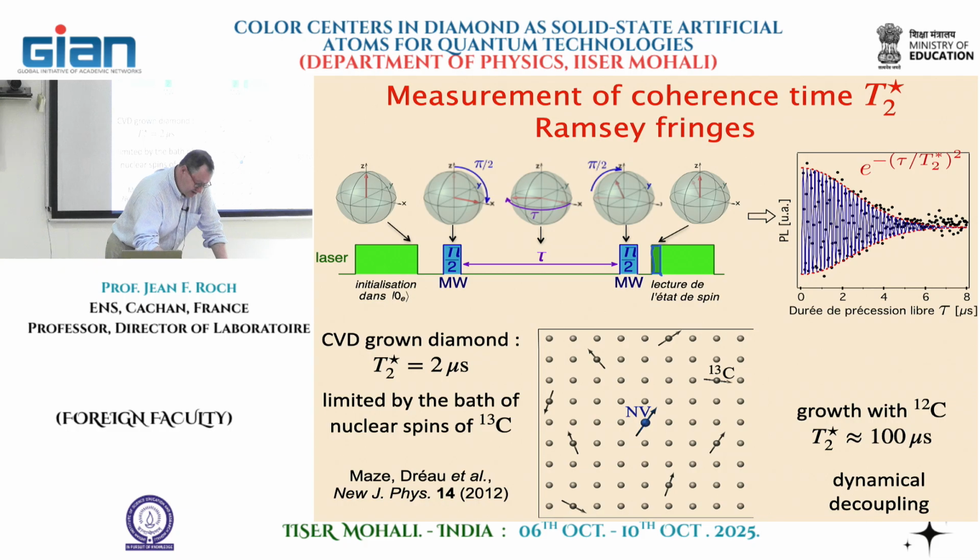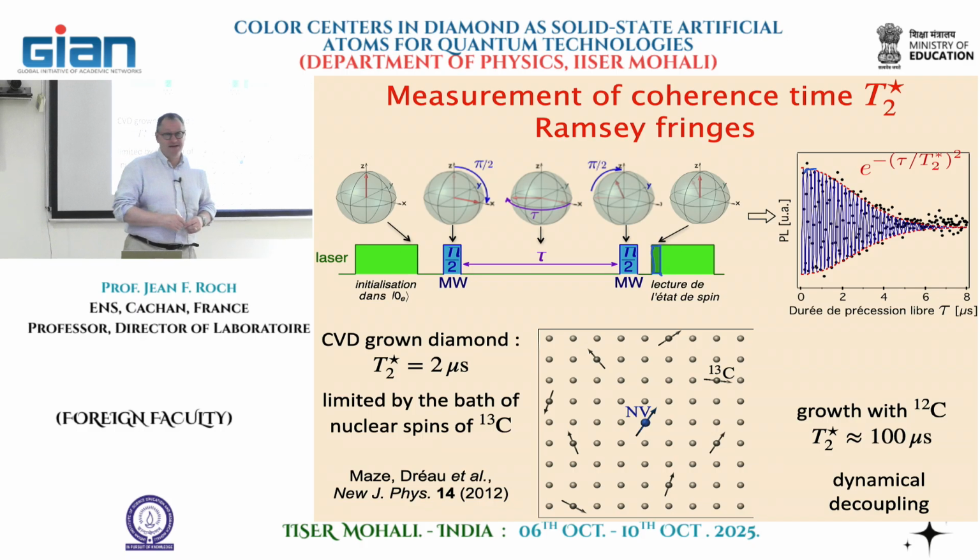There are fringes at approximately the Larmor frequency, and at the same time there is a decay. The decay is associated with the fact that all these spins see different effective magnetic fields with slight modifications, and this induces a decrease of the signal on a time scale of T2 star.